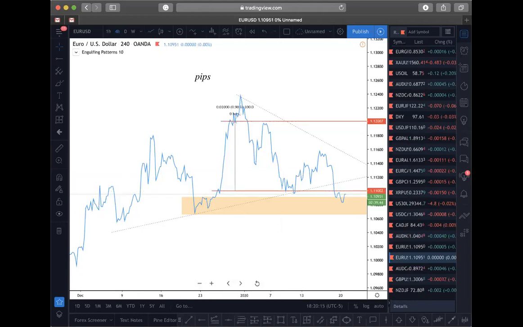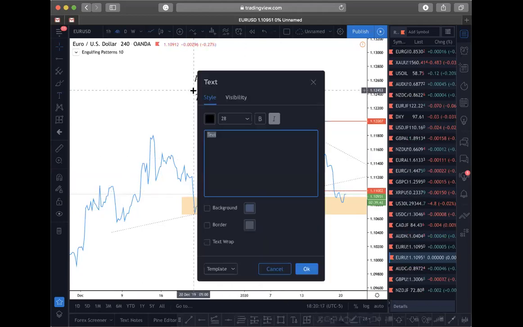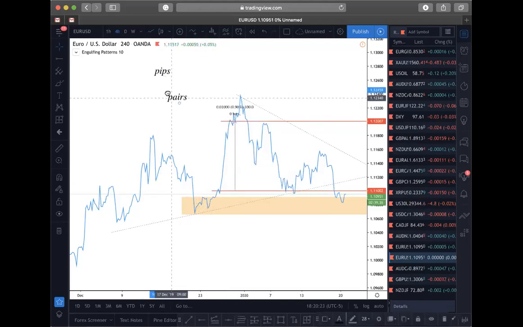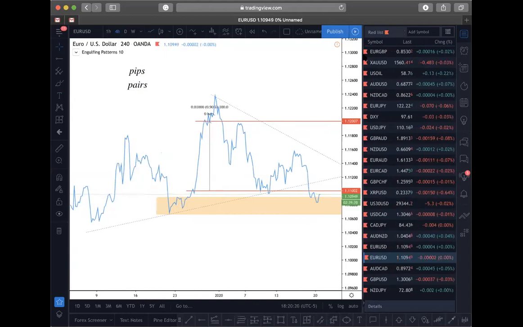The second term would be pairs, right? Pairs, meaning currency pairs, right? On the side here, you would see a list of currency pairs that you would have to memorize. They're easy to memorize, right? It simply means the value of one currency pinned against another.